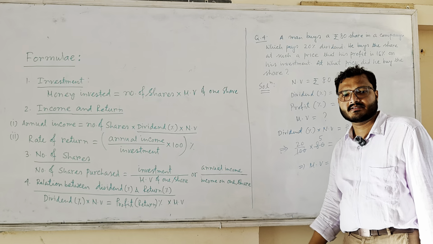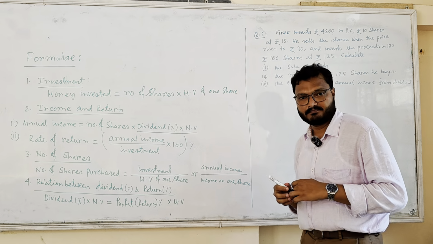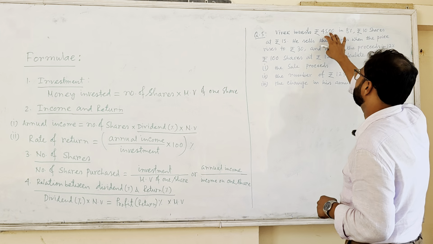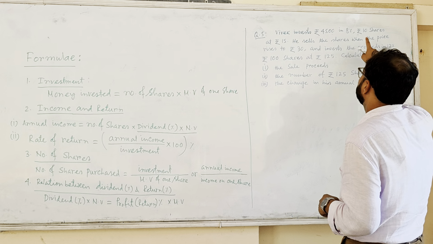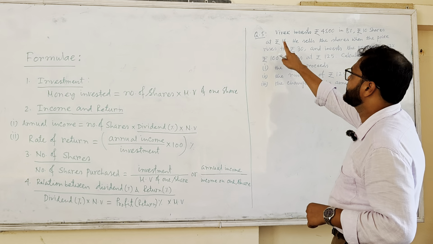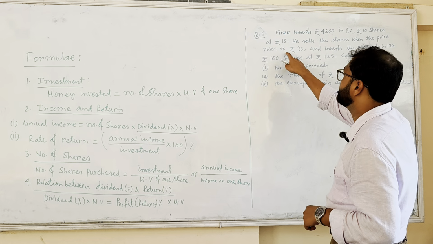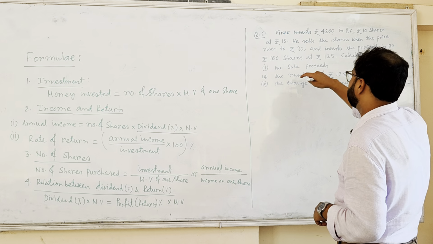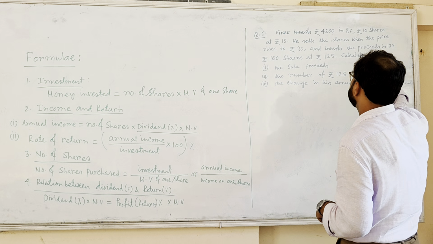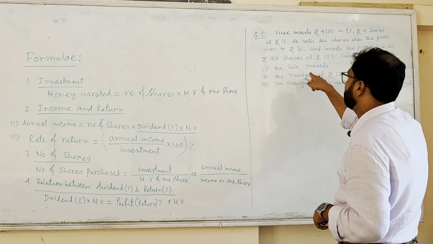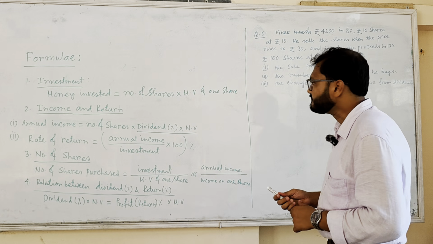Okay, so sums are very easy, I'm telling you. So let's jump to another sum. This is our last sum. Vivek invests rupees 4,500 in 8%, rupees 10 shares at rupees 15. He sells the shares when the price rises to rupees 30 and invests the proceeds in 12%, 100 shares at 125. Calculate the sale proceeds.